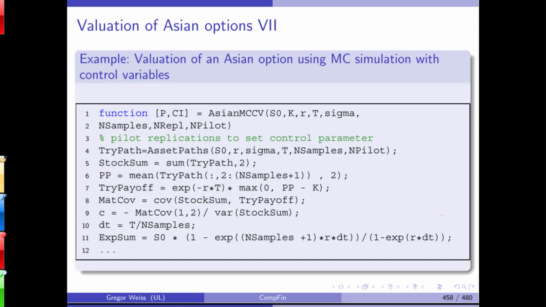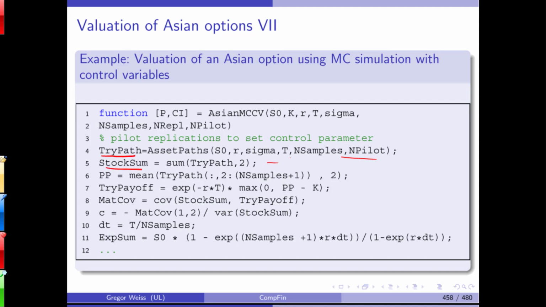We again have Monte Carlo simulation, but we calculate the expected value slightly differently. So we have a try path. We simulate one set of paths from the stochastic process. We use these simulated paths to estimate the sum of the stock prices, stock sum.